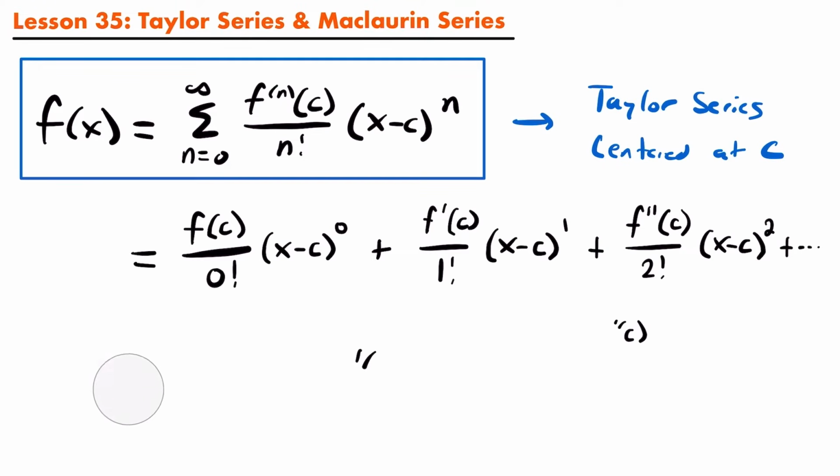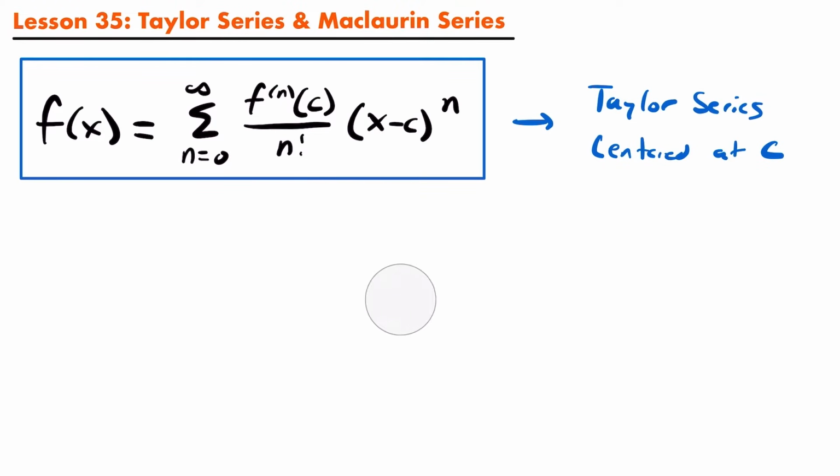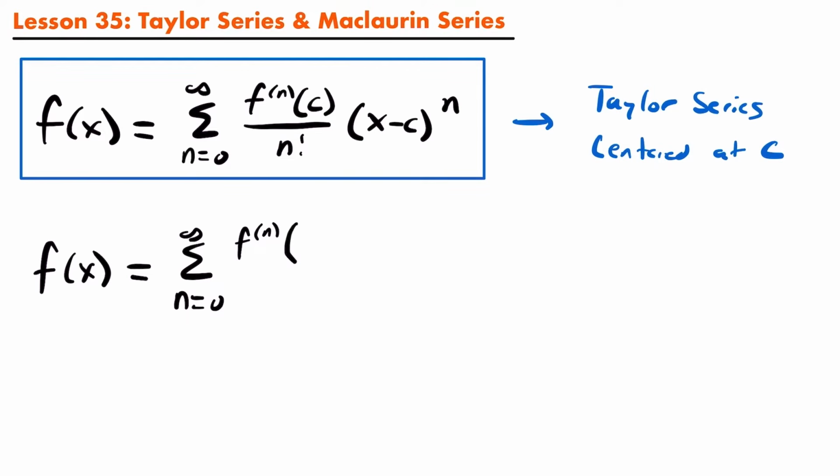And so here's what that would look like. If we rewrote our form of a Taylor series where c was equal to 0, we would have that a Maclaurin series would be f of x is equal to the sum from n equals 0 to infinity of the nth derivative of c, which is now 0, divided by n factorial, times x minus c, which is 0, to the power of n.